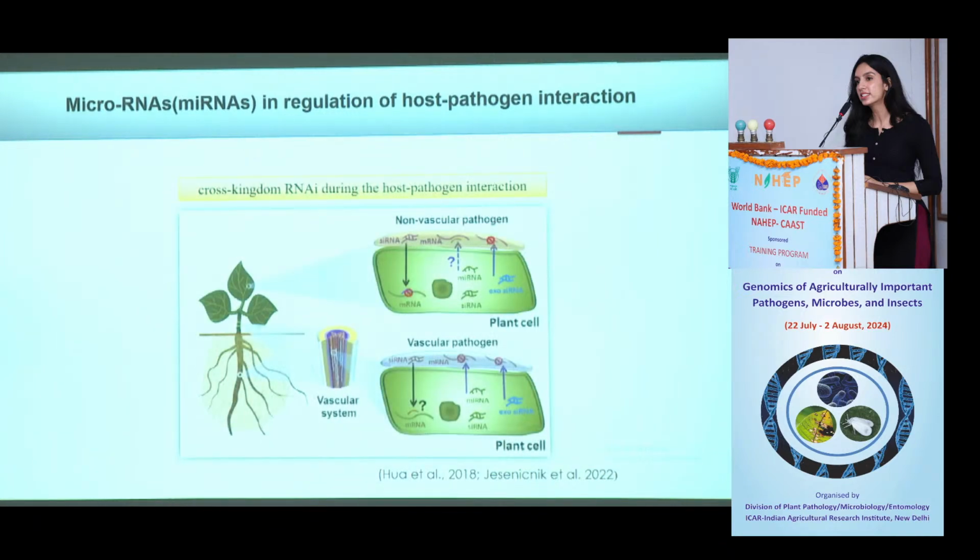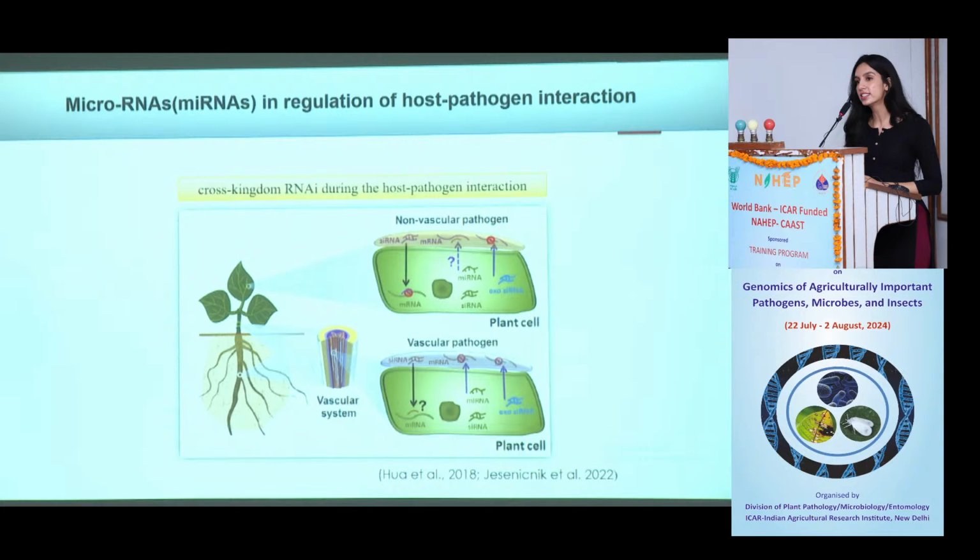So in terms of plant-pathogen interaction, there have been several reports where these microRNAs or siRNAs can travel cross-kingdom and lead to cross-kingdom RNA interference in the host-pathogen interaction. How?